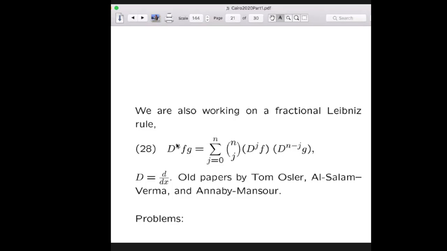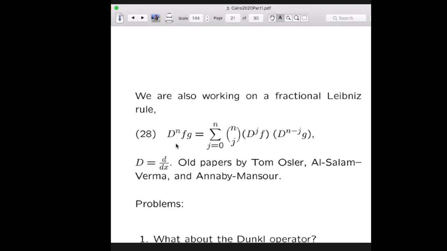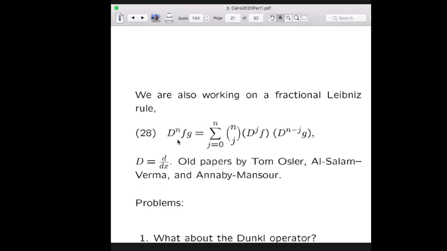Osler generalized this to fractional powers instead of n, and he had a series of papers in the 1970s and 80s. And Nabi and Mansour looked at q-analogs of this, not for the Askey-Wilson operator, but for this other operator. And what we want to do is hopefully get something like this for the Askey-Wilson operator, which we don't know.